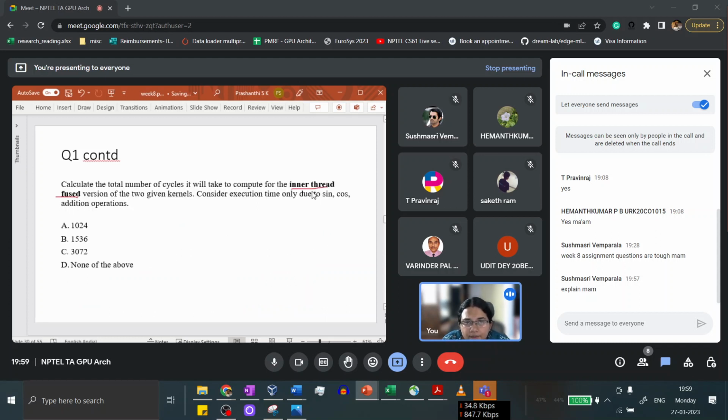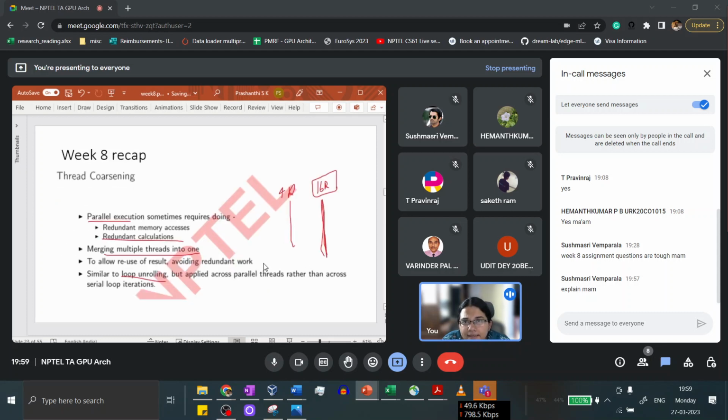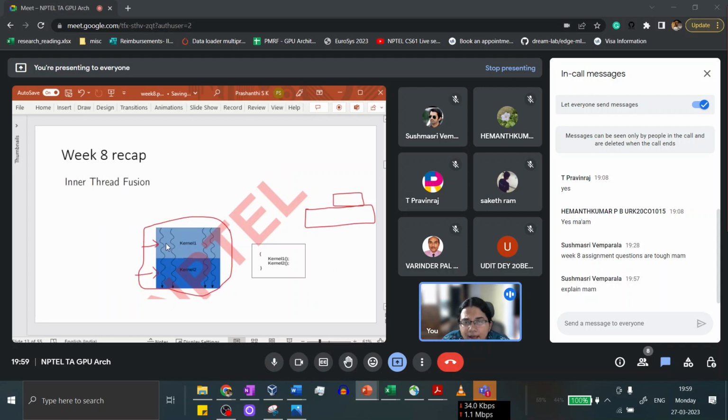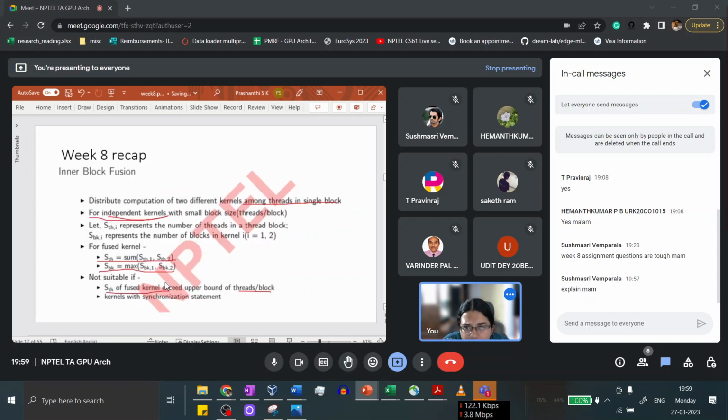Now if I do inner thread fusion, again let's go back to what is inner thread fusion, right? So you have one thread doing the work of both kernel 1 and kernel 2, meaning one thread will do this 44 plus 4 cycles for the kernel 1 and then the opposite, right? 4 plus 44.